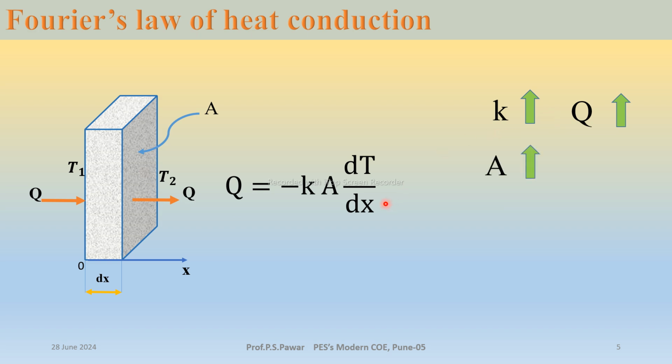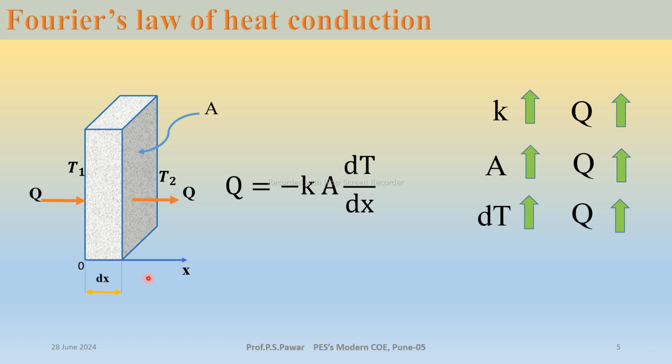Also, as the area normal to heat flow increases, the rate of heat transfer by conduction increases. As the temperature difference across the plane wall increases, heat transfer by conduction increases. And one more thing, the heat transfer rate by conduction is inversely proportional to thickness.